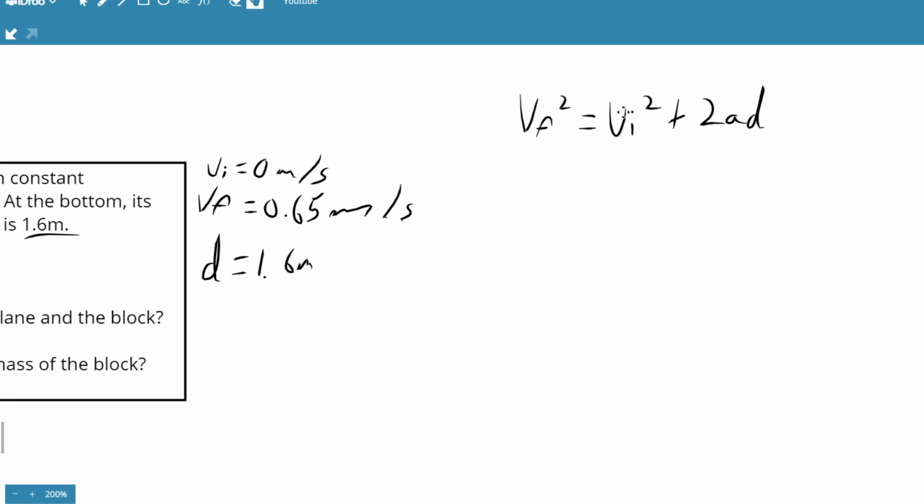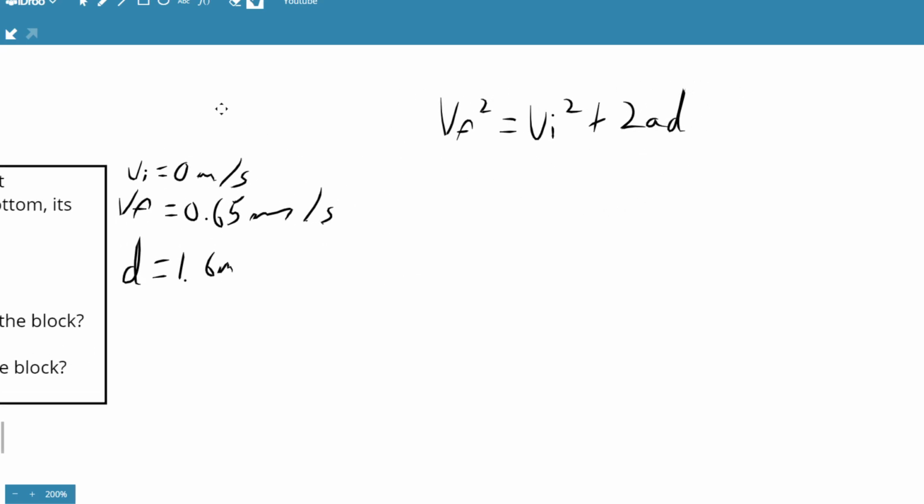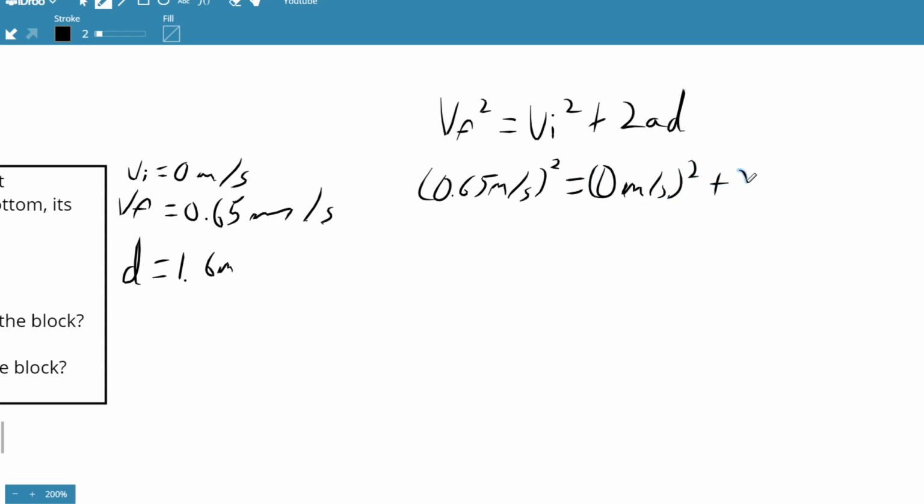And we have Vf, we have Vi, and we have D, so we can just plug these in and solve for A. So Vf, 0.65 meters per second, bracket squared, equals Vi is 0, so you can just put it as 0 here, or I'll write it out actually, 0 meters per second squared plus 2 times, let's put the D in front of the A, 1.6 meters times A.